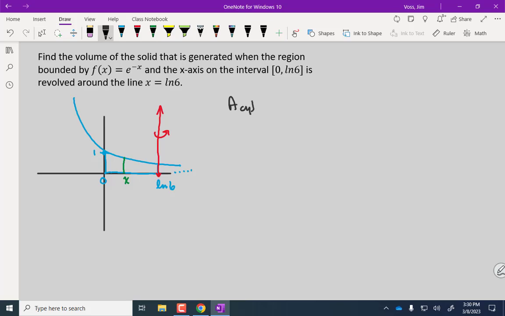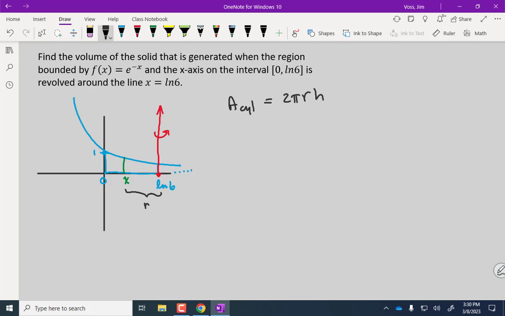And the area of a cylinder is 2 pi RH. So now let's identify the radius and the height. The radius is the distance from your element to the axis of rotation.